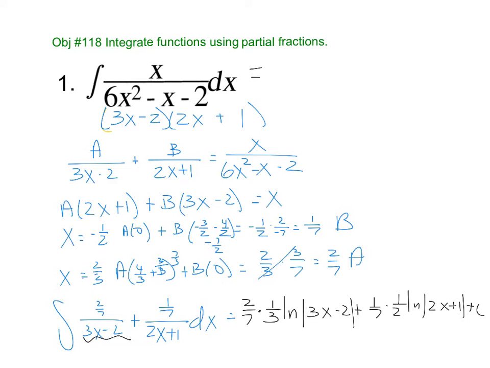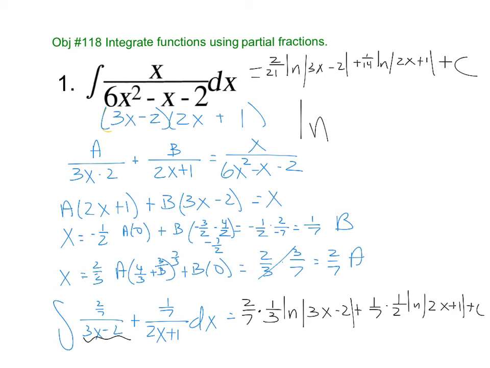So I'll write my final answer up top. So that's 2/21 the ln of 3x minus 2 plus 1/14 the ln of 2x plus 1 plus C. And again, if you want to put that together, you can make it one big ln.